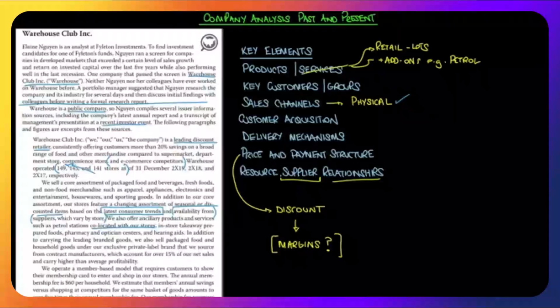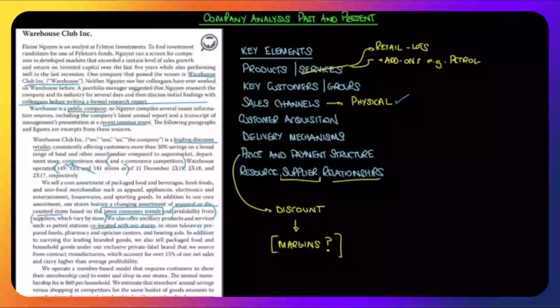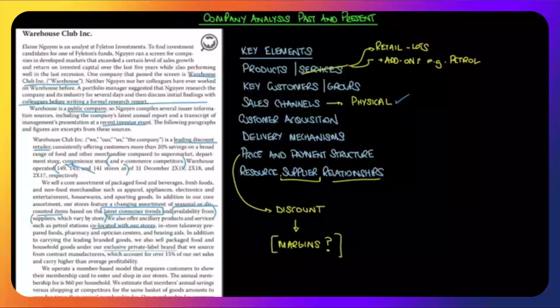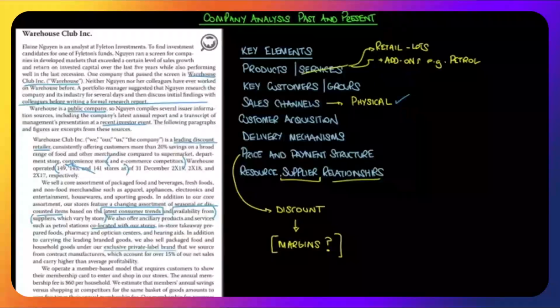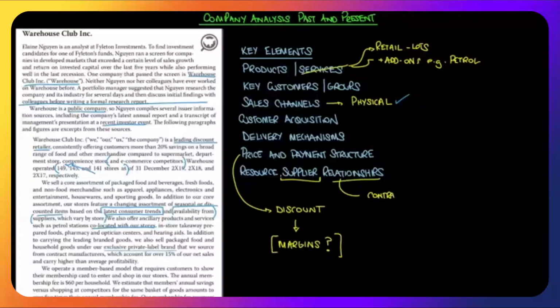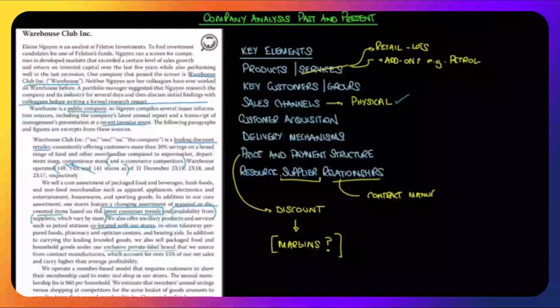In addition to carrying the leading branded goods, we also sell packaged food and household goods under our own exclusive private label brand that we source from contract manufacturers. So resource supply relationships, that is definitely an important one. They have contract manufacturers that make their own brand.